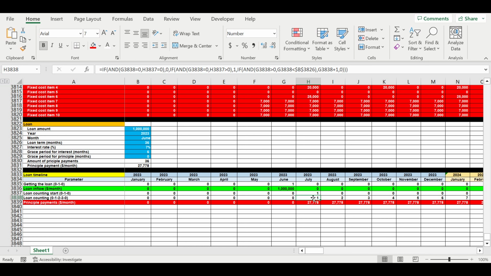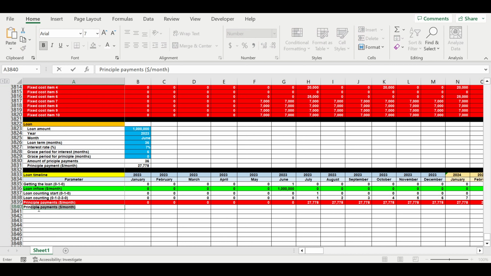And now we need to move to the interest payments. For interest payments, we need to calculate the principal at any given moment inside the timeline of the loan. So now we will create a line for principal at any given moment.